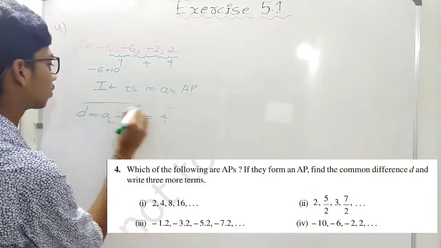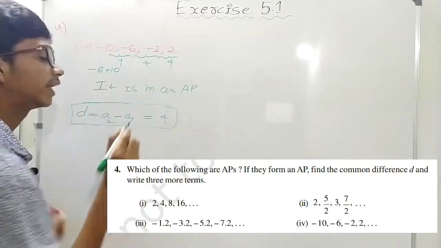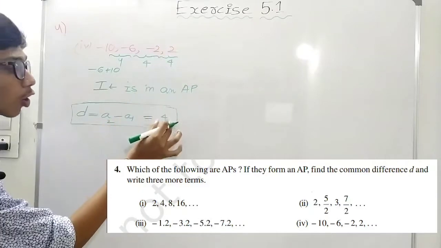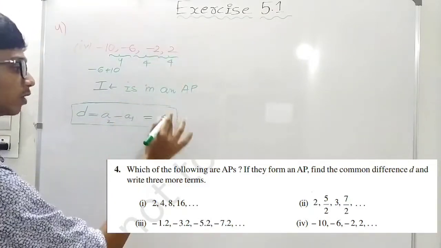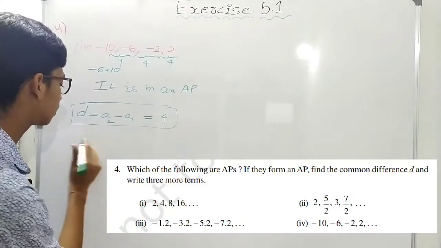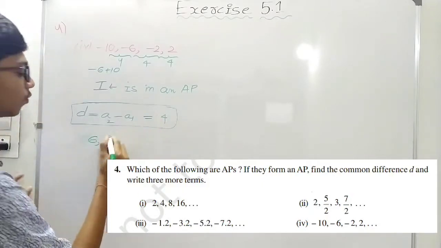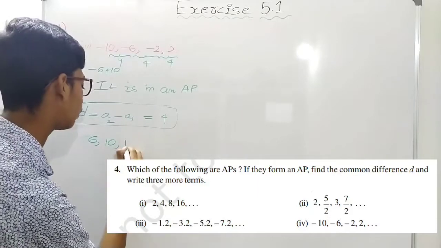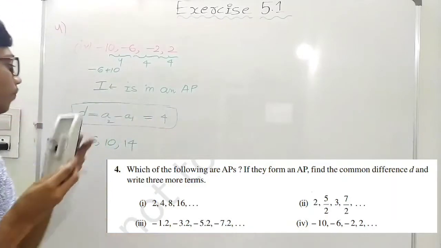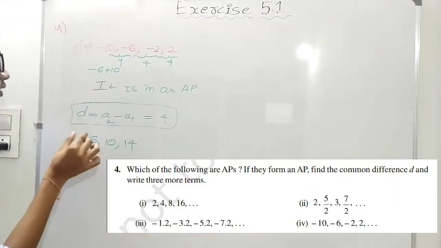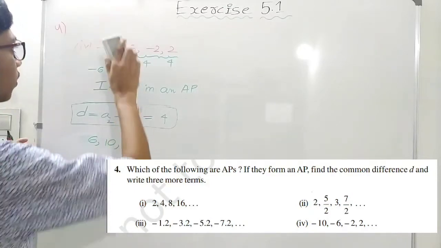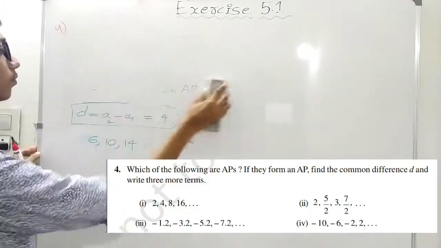And for the next three terms, simply add the common difference to the last term. 2 plus 4 is 6, 6 plus 4 is 10, and 10 plus 4 is 14. So for this question, the common difference is 4, and the next three terms are 6, 10, 14, and it is in the arithmetic progression.